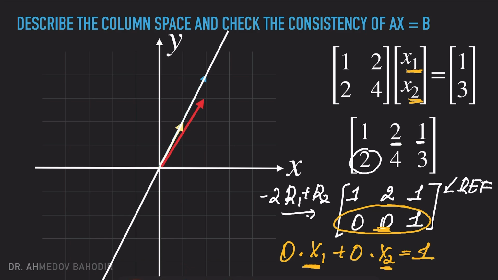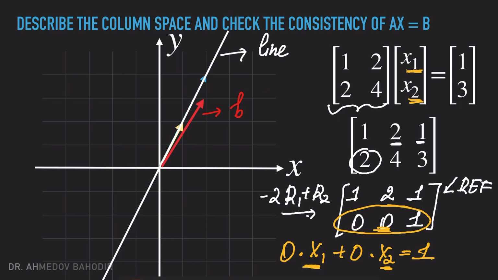They don't exist, simply, okay? So the system has no solution, and we can explain this by looking at the column space of this matrix A. The column space of this matrix A is this line, and this right-hand side vector b is going to be outside the column space, so that is why the system has no solution.